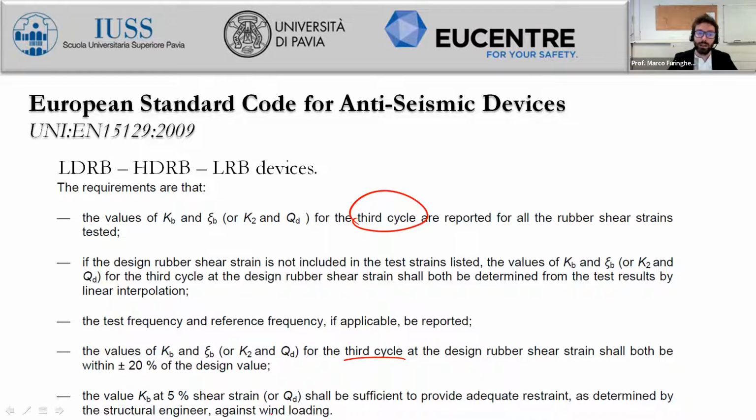So the overall isolation system should be flexible enough to provide the period shift, but it should not be too flexible, otherwise you keep moving with your building even if there is a little bit of wind. So there will be an adequate restraint with respect to small deformations of the bearings, for instance, against the wind loading.